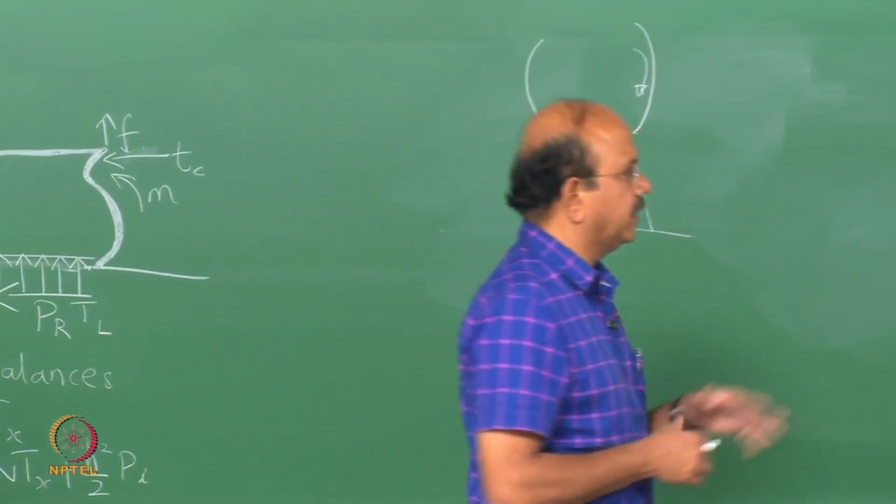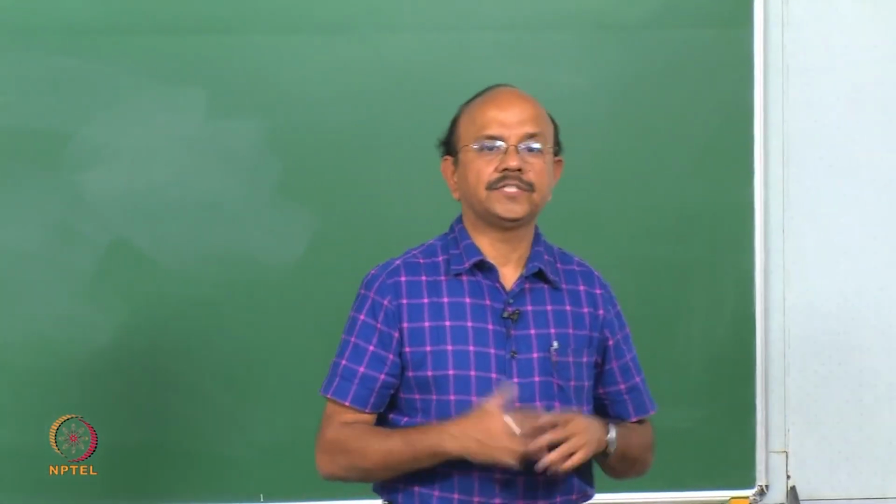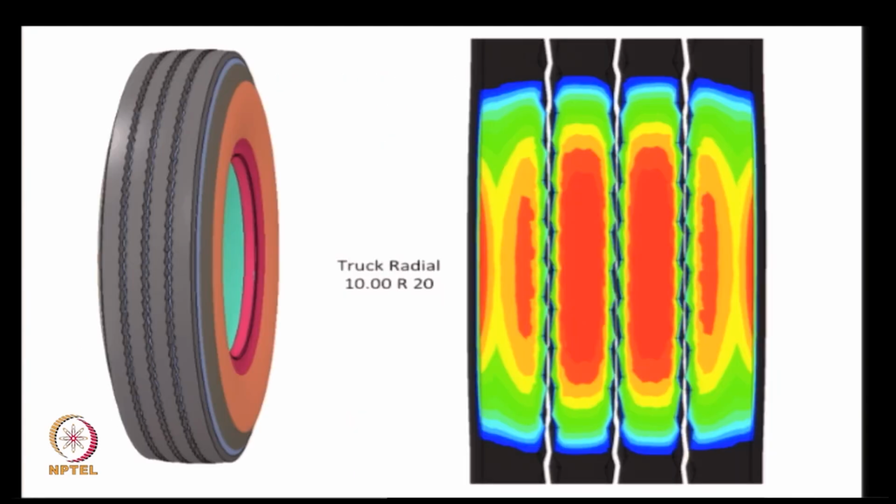Different colors here indicate the magnitude, red being that the contact pressures are higher, and blue being the lowest. So in other words, you see that the contact patch is not uniform, and as you go to, for example, a truck rib tire, the contact patch is absolutely not uniform.